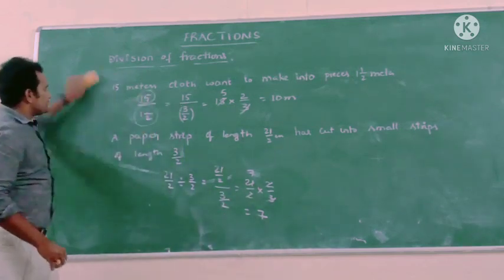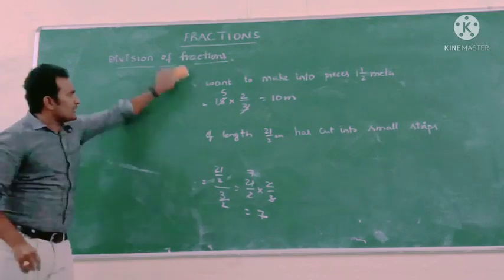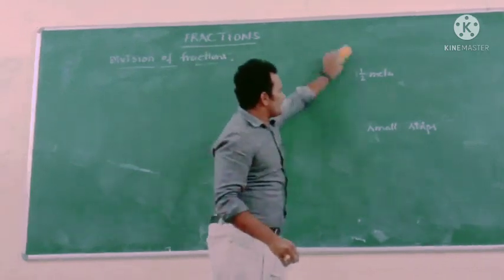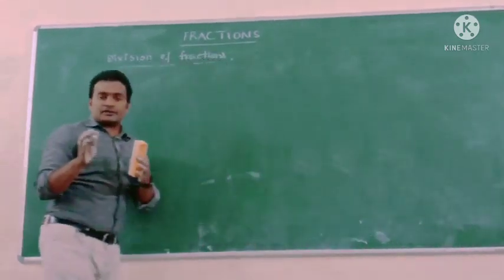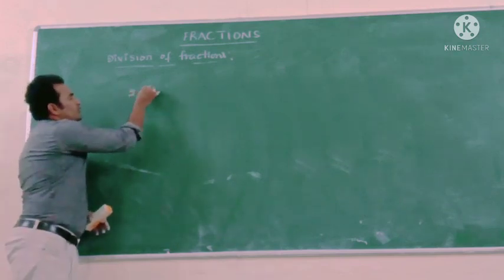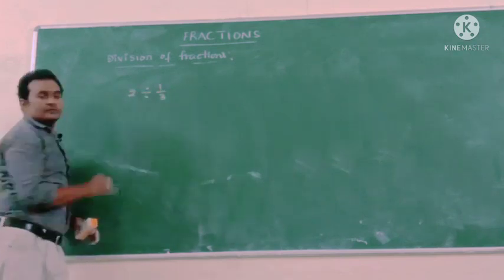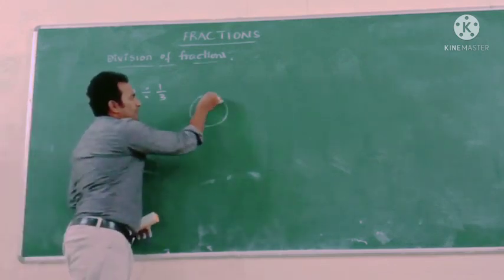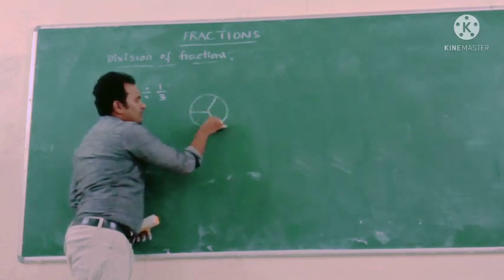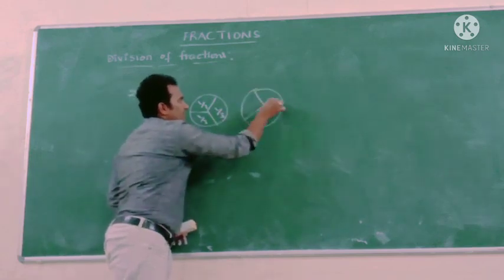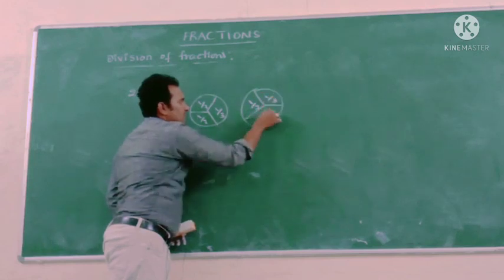In the same way, I would like to introduce division of a fraction with a diagrammatic explanation. Suppose 2 divided by 1 by 3. This is 1/3 part, this is 1/3 part, another 2 divided by 1 by 3, this is 1/3 part and this is also 1/3 part.